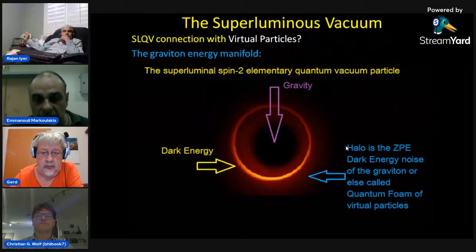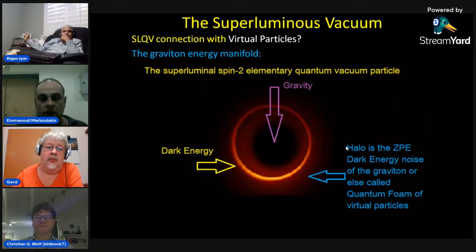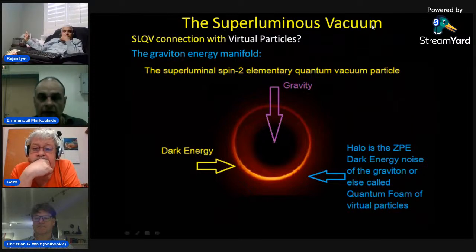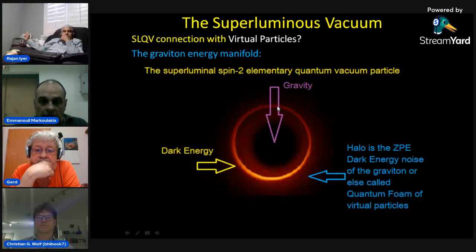So I believe this picture sums up everything until now and ties everything up. So we have here the graviton. The singularity beyond the event horizon, if we see it as a quantum black hole, is creating the gravity effect. The photon ring here, this very energetic ring, is actually the dark energy.